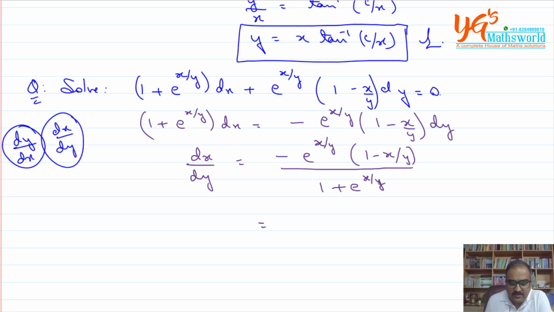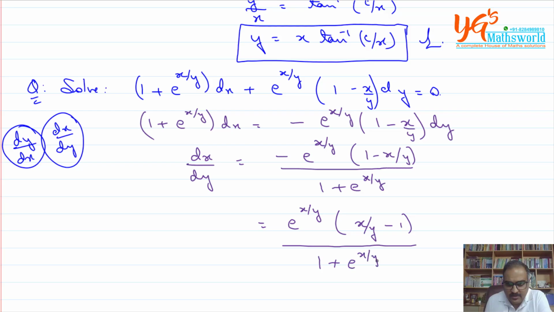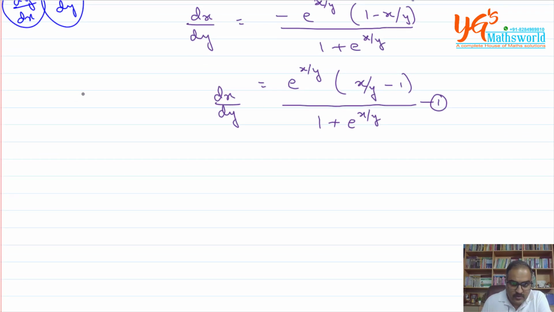I can adjust this negative sign inside, so it is e raised to power x upon y minus 1 divided by 1 plus e raised to power x upon y, dx by dy, and let it be equation number 1.